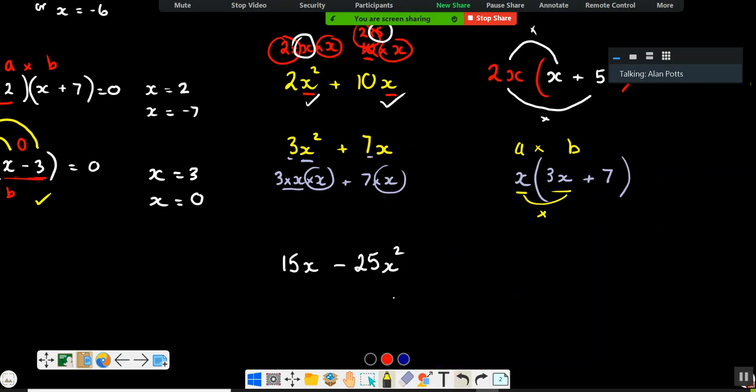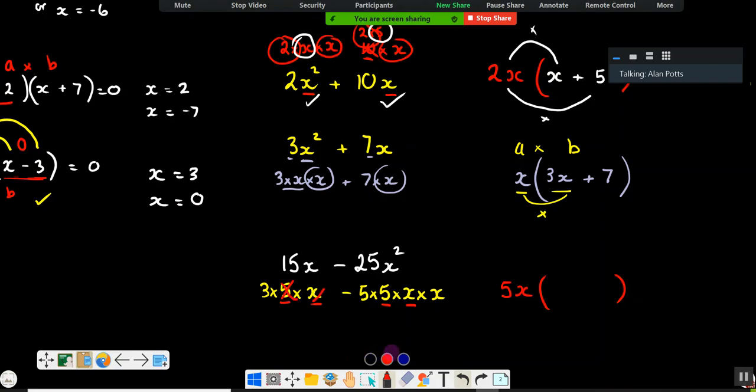So, basically, we need to break these up into their factors. So 15 is 3 multiplied by 5 multiplied by x, minus 5 multiplied by 5 multiplied by x multiplied by x. So the common factors in the list are 5 and x. Okay, so those are the things I can write outside the brackets.